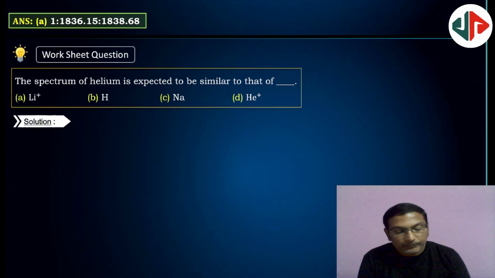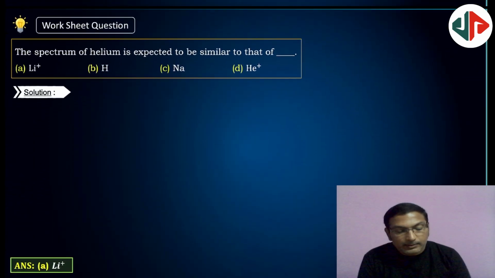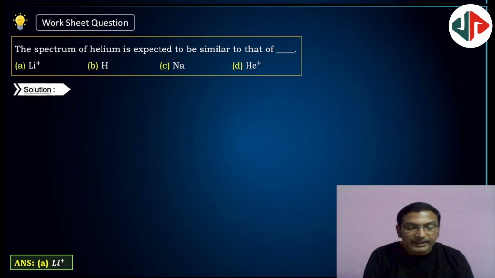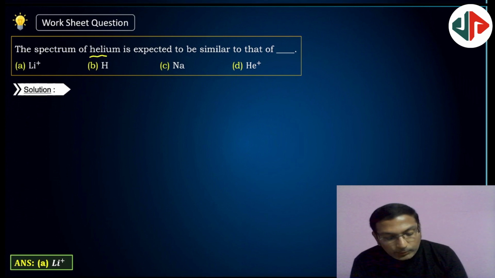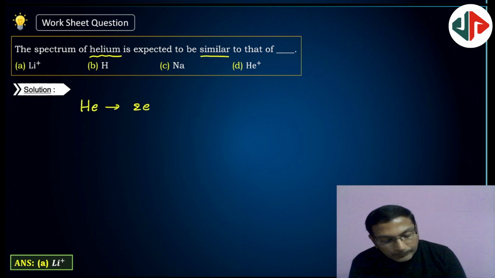Next one. The spectrum of helium is expected to be similar to that of... Helium contains 2 electrons.